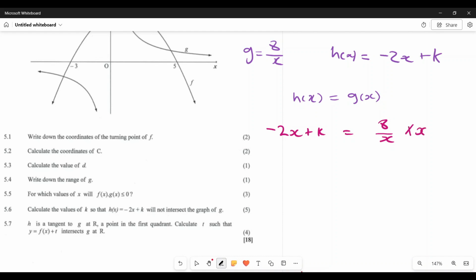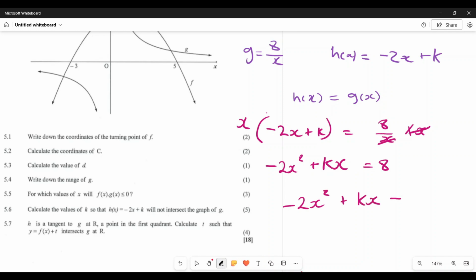I'm going to multiply it. And what I do on the left, I must also do on the right. So these two are going to cancel out one another, so I'll get rid of this denominator. Now multiplying this x to the other side, I would have minus 2x squared plus kx, and this is equal to 8. Now I'm going to take the 8 to the other side: minus 2x squared plus kx minus 8, and this is equal to 0.